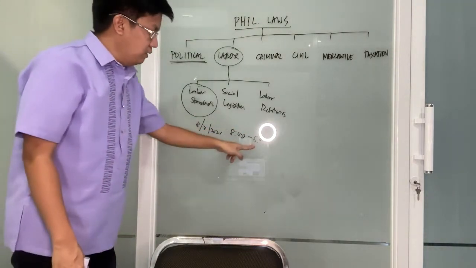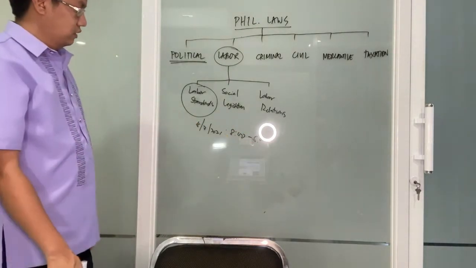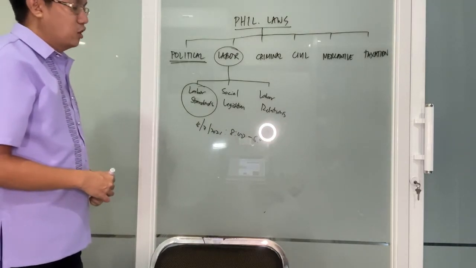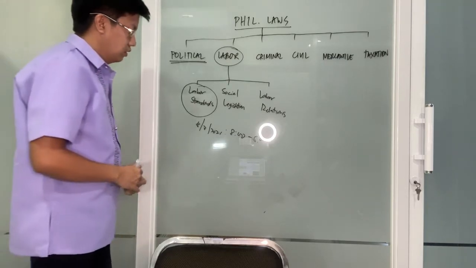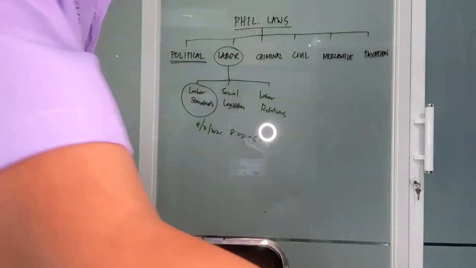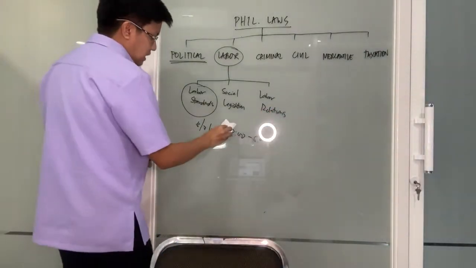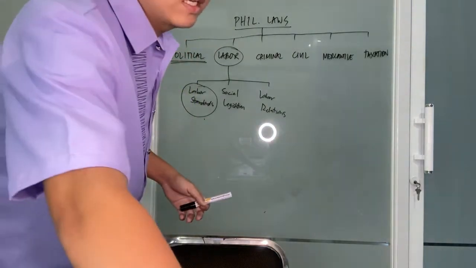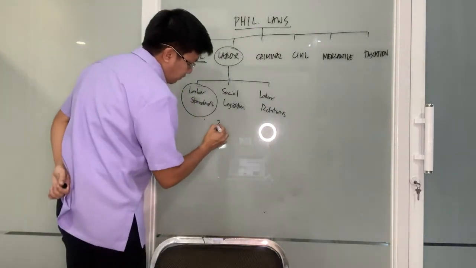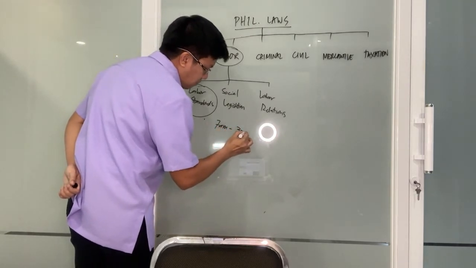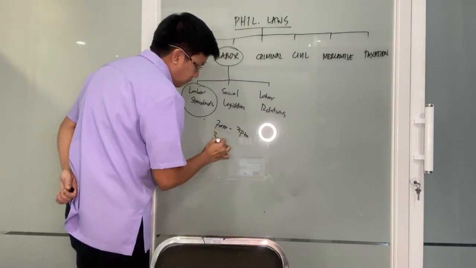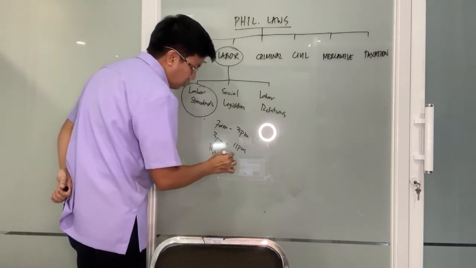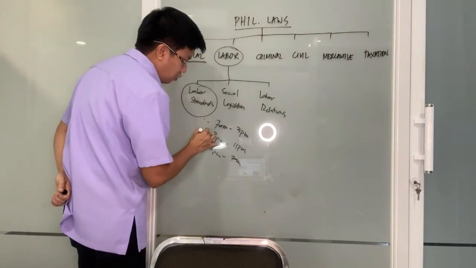By the time that you log out, sinabihan ka ng HR na balikan ng 11 o'clock. Okay, for example, hindi na lang ganito. Hindi na lang 8 to 5. Usually kasi, sa mga 3 shifts set up, meron tayong 7 a.m. to 3 p.m. Then we have 3 p.m. to 11 p.m. Then we have 11 p.m. to 7 a.m. Ganyan usually yung shift dyan.